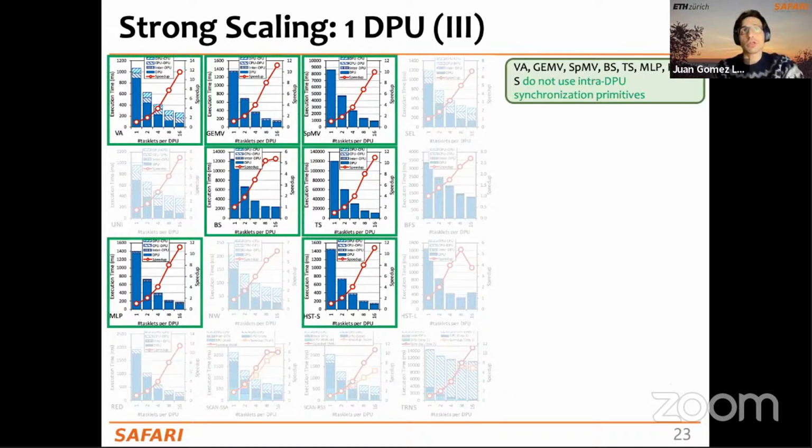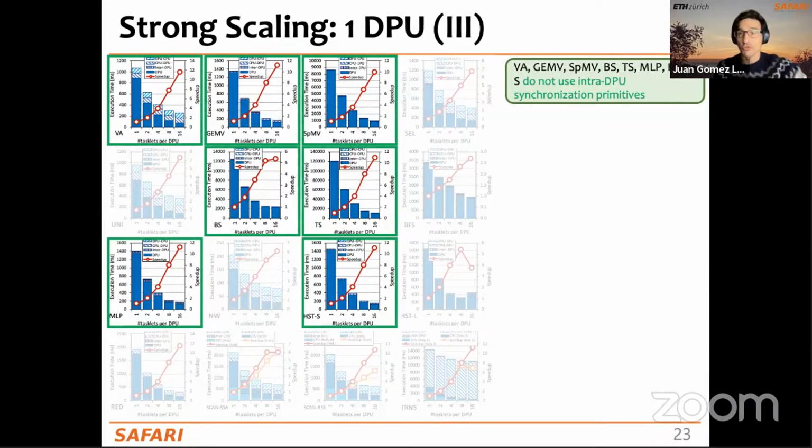Another observation is that some of the workloads, these ones highlighted on the screen, don't use intra-DPU synchronization primitives. Because they don't use them, we don't have tasklets having to wait for other tasklets to complete some task or certain operations.